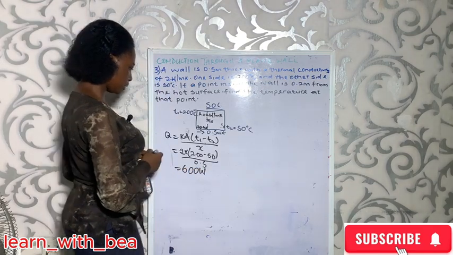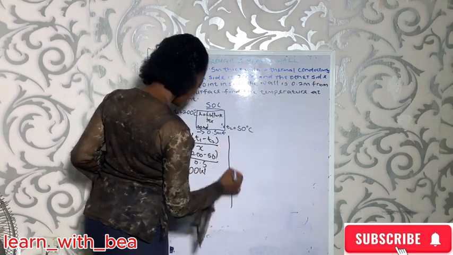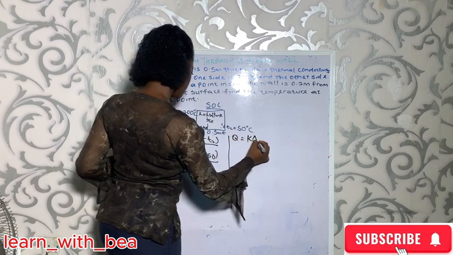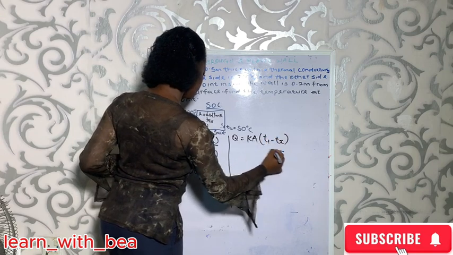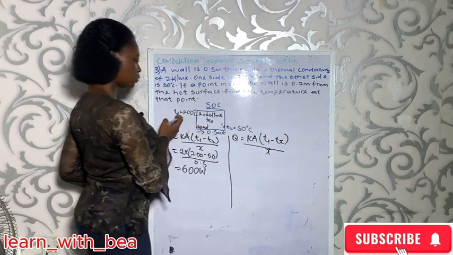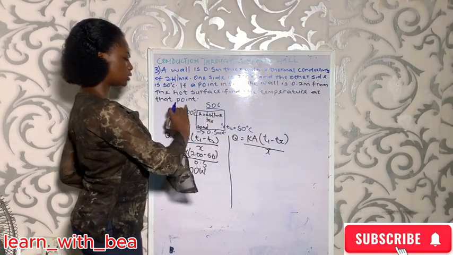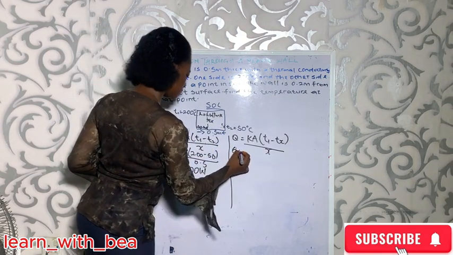So we can now calculate our interface temperature. We are still using this formula, Q equals Ka, now it will be T1 minus Tx divided by X. T1 minus Tx, not vice versa, because temperature decreases. So our Q now is 600.